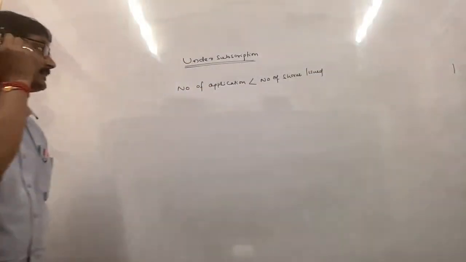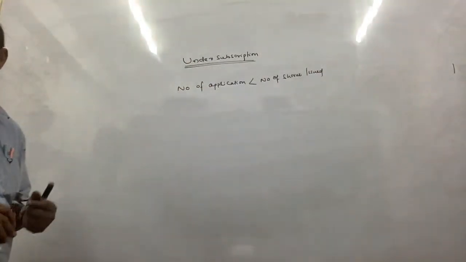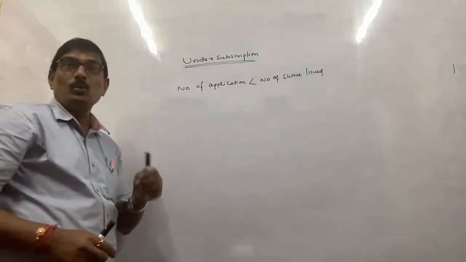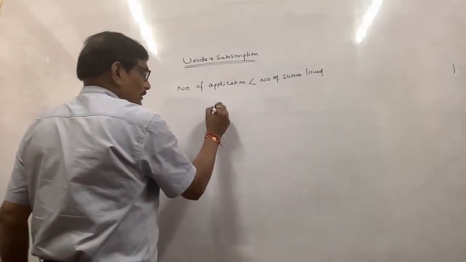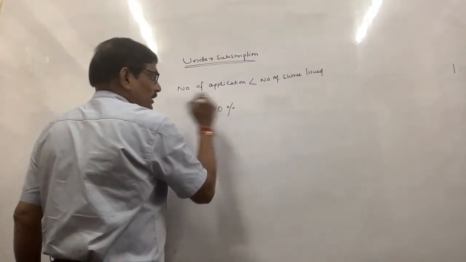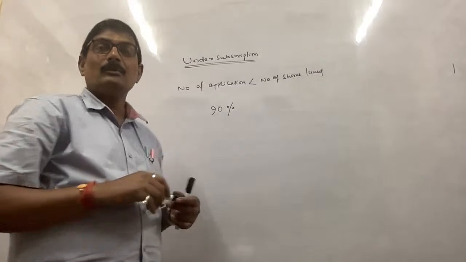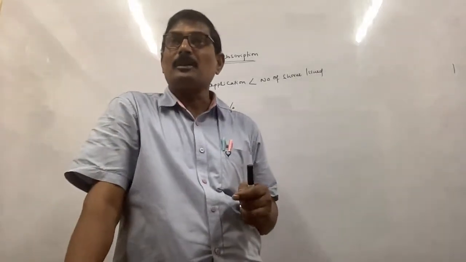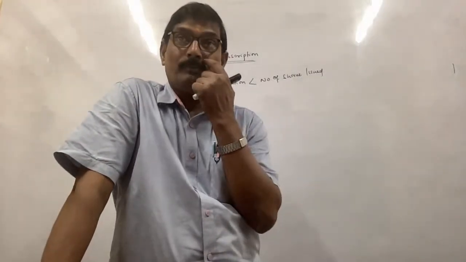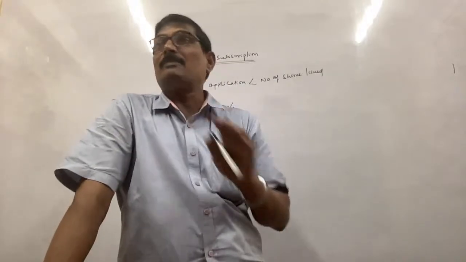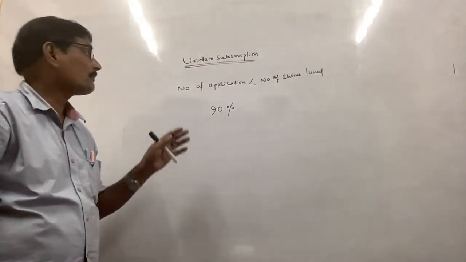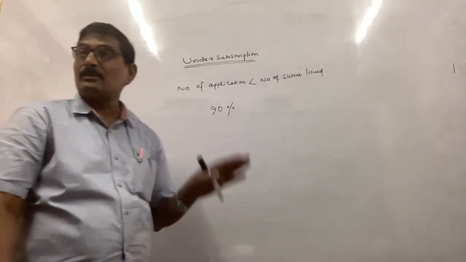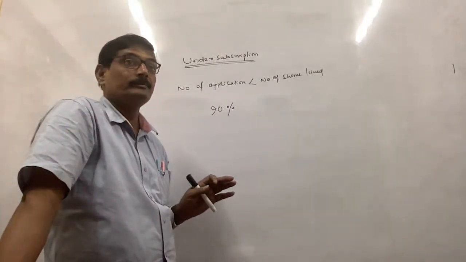That is known as under subscription. In order to allot the shares, you are expected to receive minimum 90% subscriptions. Unless you receive 90% of the issued capital or shares, you cannot go for allotment.